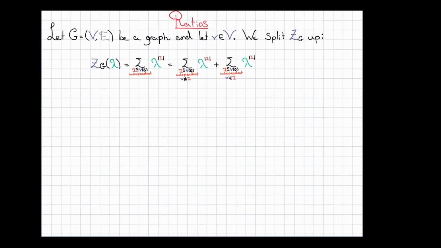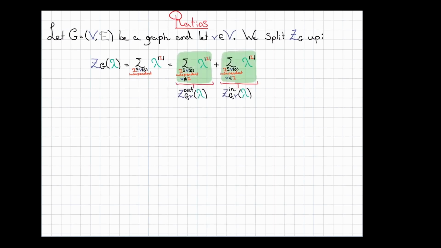So if you have your independent set polynomial and you take some vertex in your graph, you can split this independent set polynomial up into two parts, namely summing over independent sets where the vertex is not in the independent set, and over independent sets where the vertex is in the independent set.